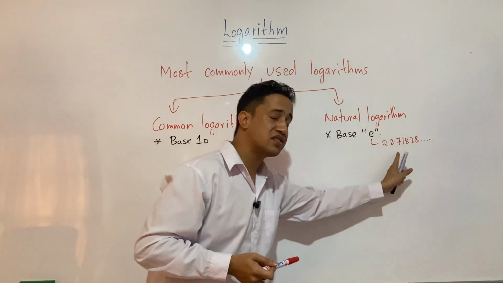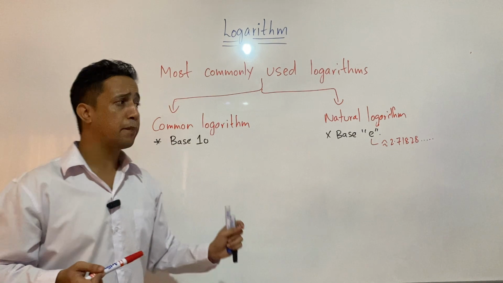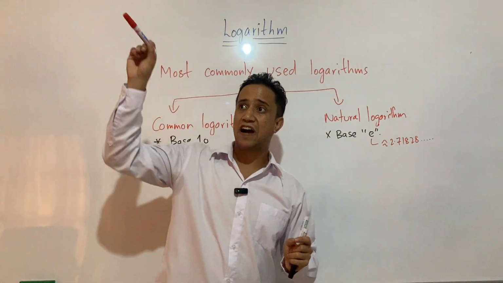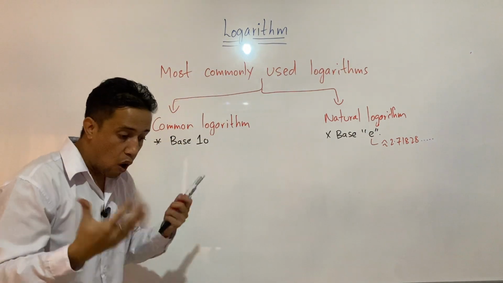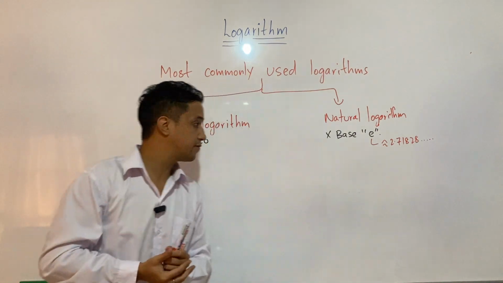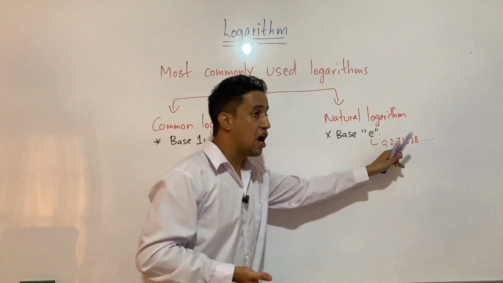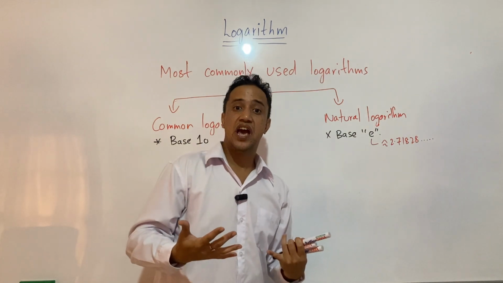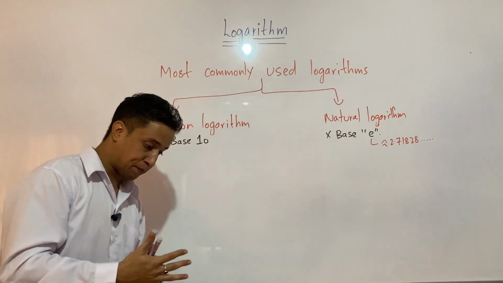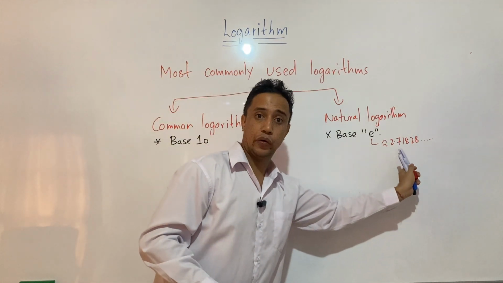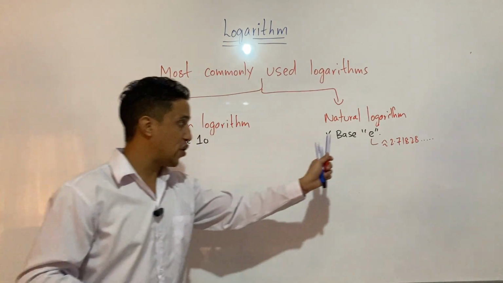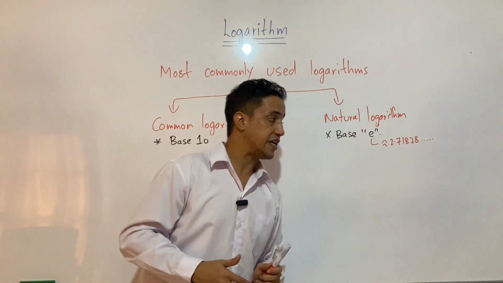This is a very important number if you want to find out how things grow naturally, or if you want to understand the power of compounding in the context of your money. You have to go through the concept of e.